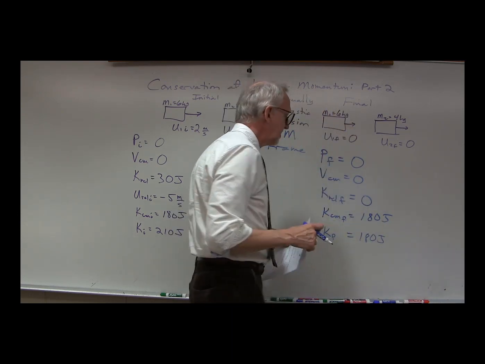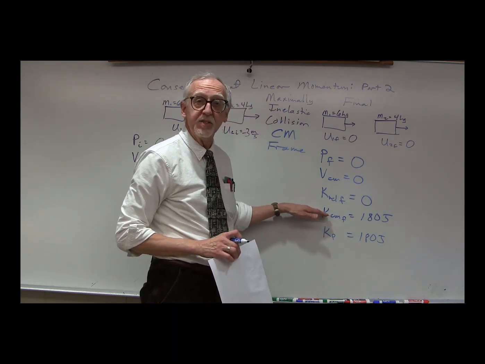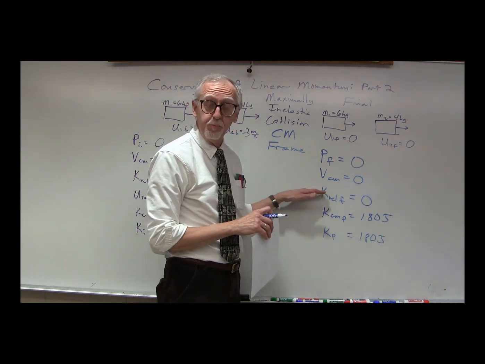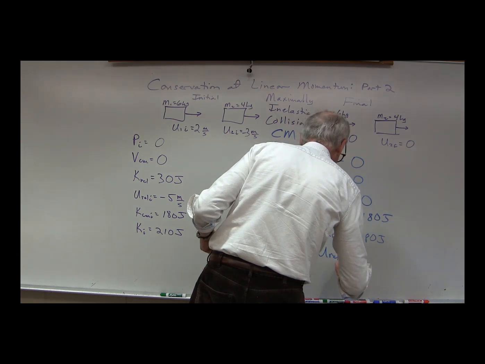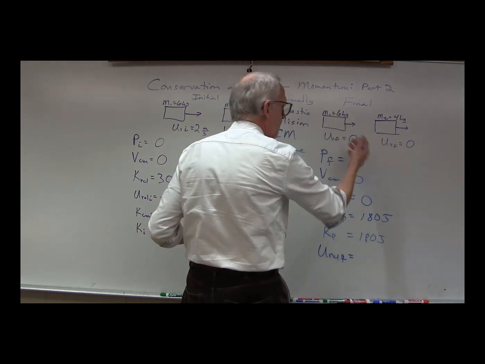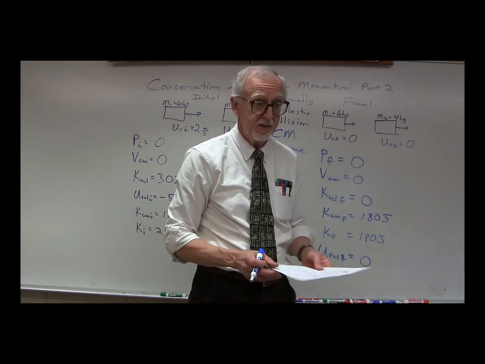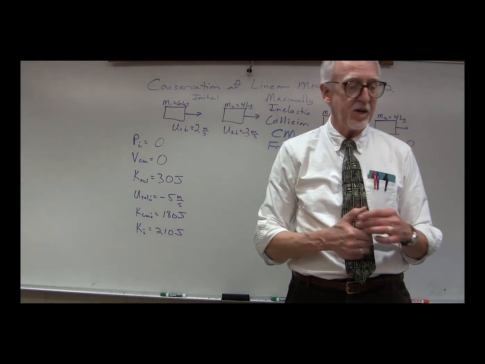So what we see is that all of that kinetic energy is in the motion of the center of mass, and none of it is in the relative kinetic energy. And then finally, U-rel final is 0 minus 0, it's 0. There is no relative velocity. They are not moving apart. They are not moving toward each other.